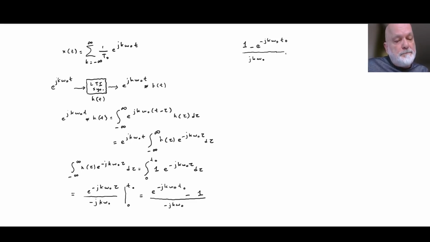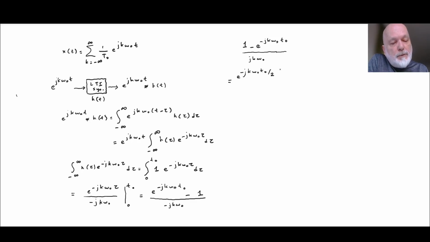But let us obtain a nice looking expression by means of the following operations. Now this expression can be written as follows. We take the term e to minus jk omega 0 t0 over 2 as the common term, divided by jk omega 0.